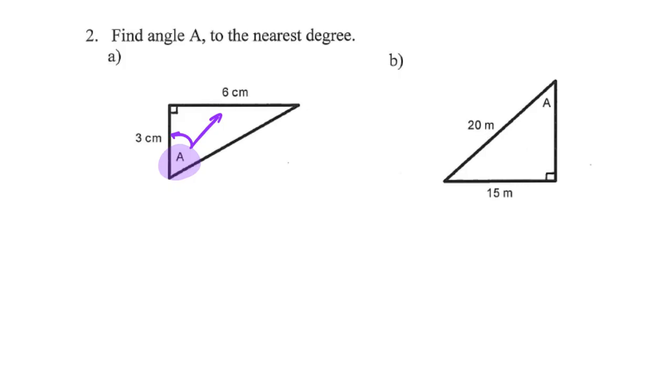Opposite and adjacent is O and A. OA, there's my tan for my TOA, tan. So the equation I can write then is that the tan of A has to be opposite over adjacent.